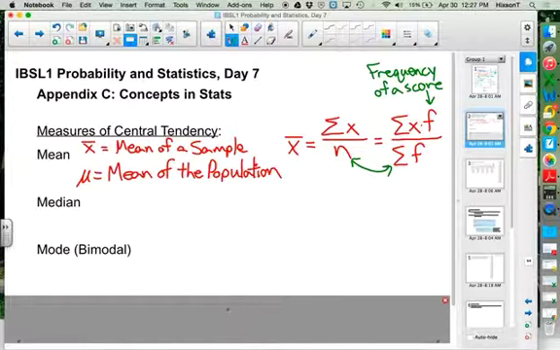Now, we use frequencies when, for example, we might have a lot of each kind of score. For example, if we were calculating the average number of classes, all of you take either 5, 6, or 7. Maybe a couple take 8. But we're going to have a lot of 5s, a lot of 6s, a lot of 7s.